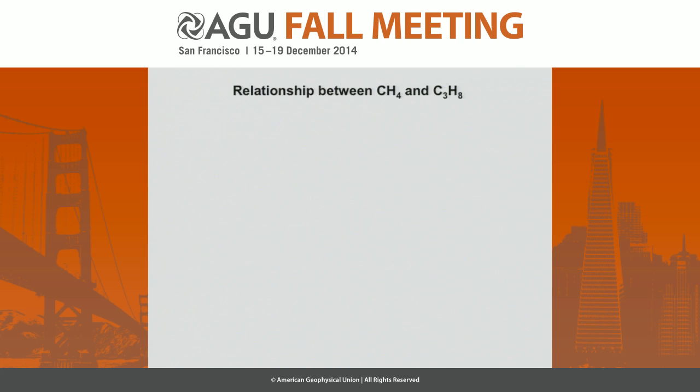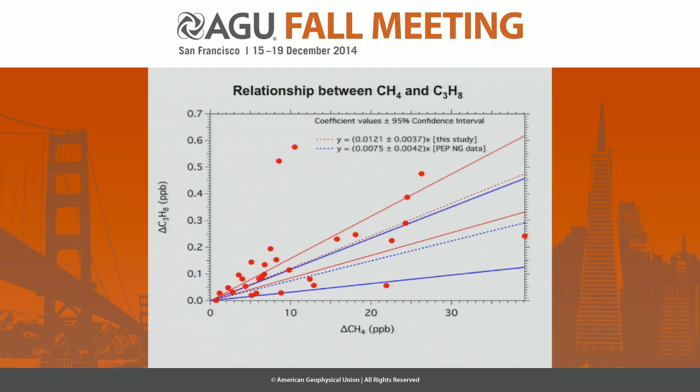So we can hypothesize that that is the natural gas infrastructure, the pipeline and transmission regulating stations and so on. One way to test that is looking at the relationship between methane enhancement and propane enhancement from our aircraft flask samples. The natural gas is the dominant source of propane. The observed relationship from the pipeline people is the blue dotted line here.